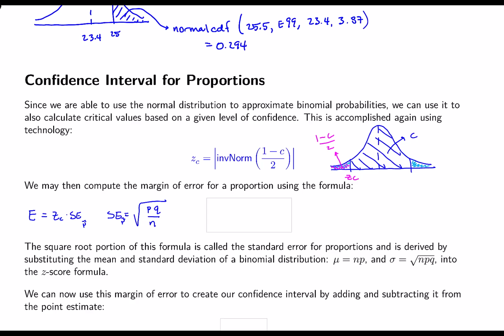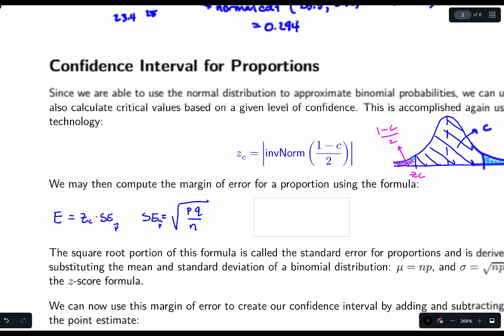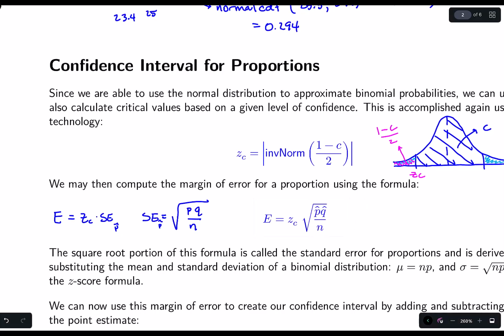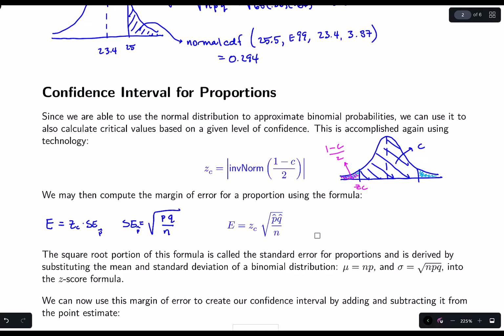But this is the standard error for proportions, and let me make this symbol look a little nicer here. It's supposed to be p hat. And that's why the formula for the margin of error looks the way it does. It's z sub c, that critical value, times the square root of p hat times q hat over n.